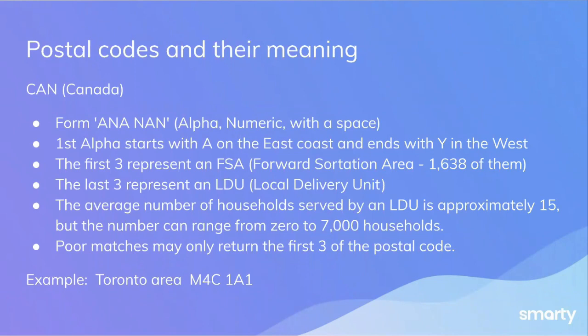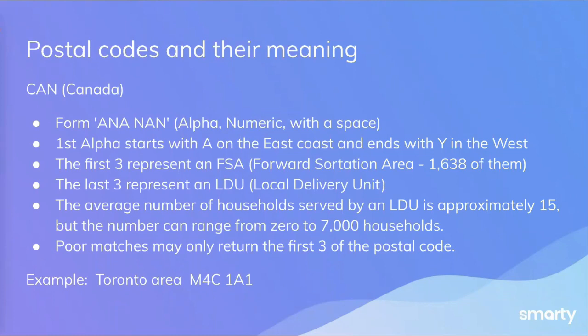So the first alpha represents where you are within Canada. A starts with the East Coast, and then Y goes to the West Coast. And they don't use all of the letters between A and Y. Not sure why, but they split it up. Maybe they figured we better leave a couple of letters here just in case it expands and we need to split it up even more.